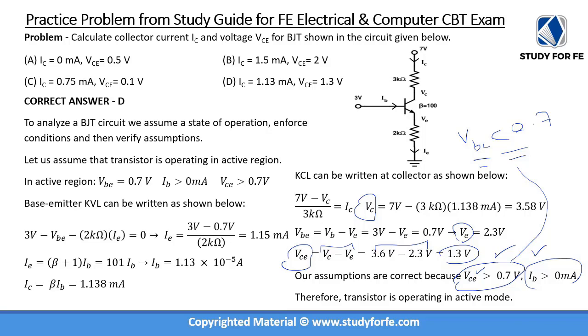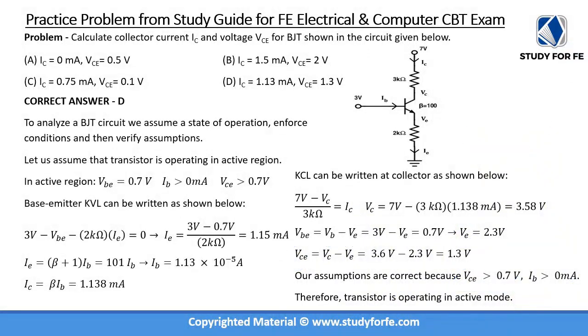So that basically confirms that the transistor is operating in the active mode. And now the final answer would be in the form of your IC and VCE. VCE we calculated is 1.3 volts and your IC is 1.138 milliamps. So the final answer is D, 1.13 milliamps and 1.3 volts.